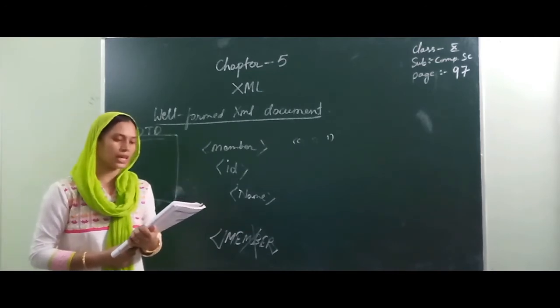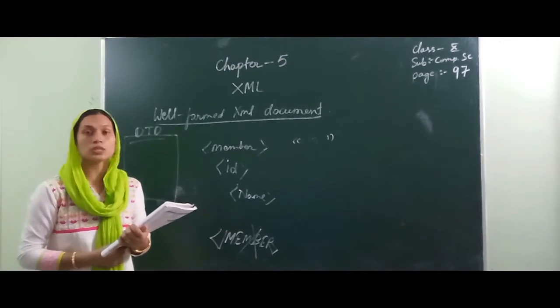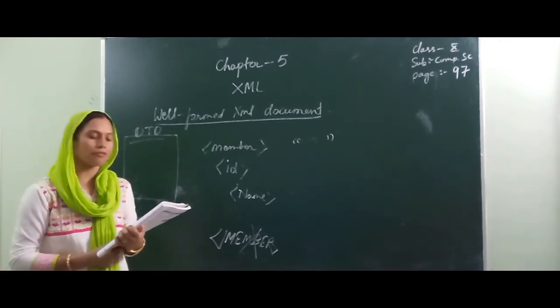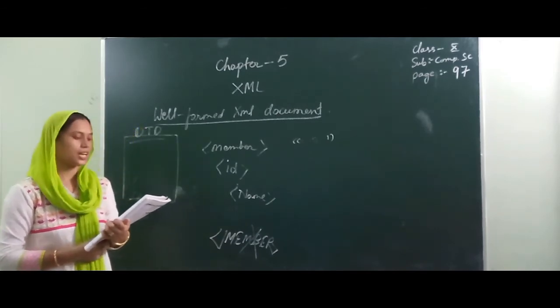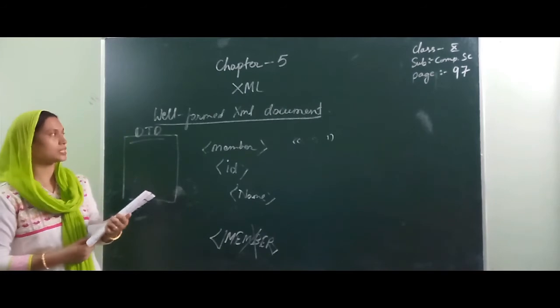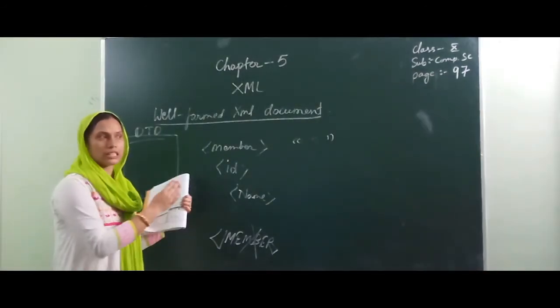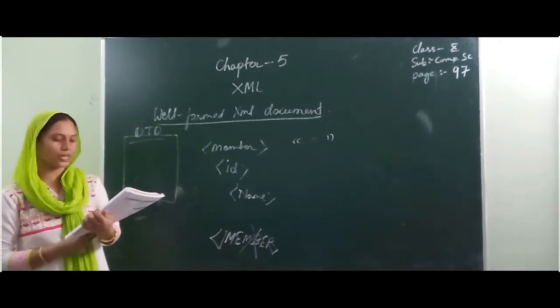One more thing that we have to know is that there are 2 types of DTD. XML supports internal DTD and external DTD. Internal DTD will be contained inside the coding itself, and external DTD we can keep in a separate file and we can link the file while writing the coding.